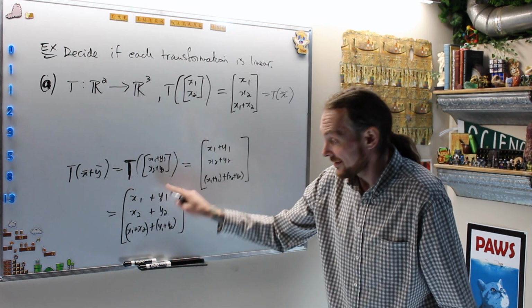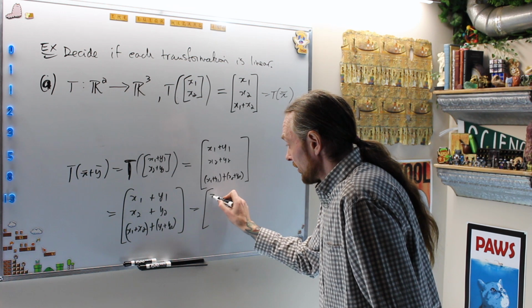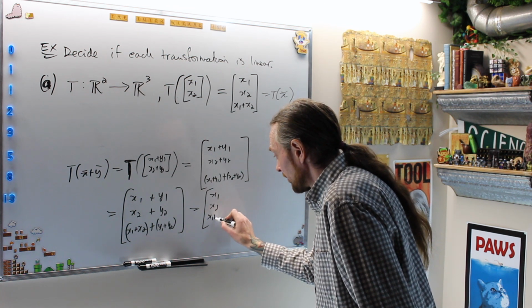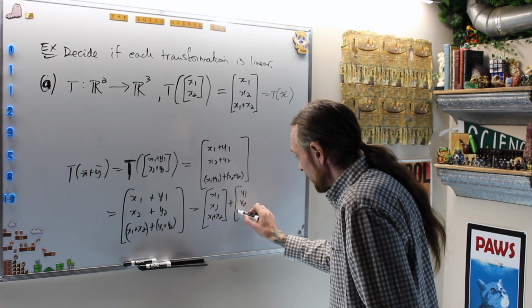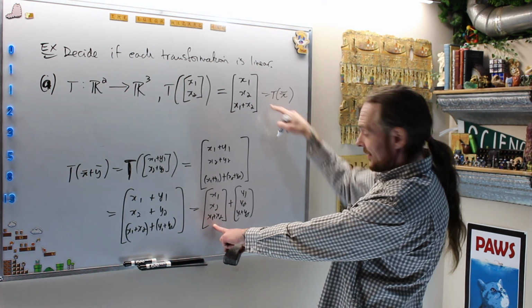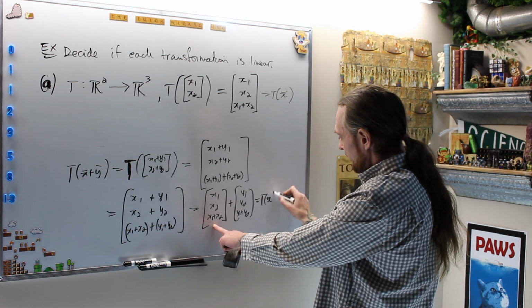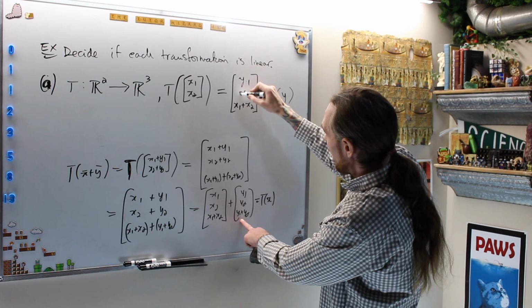Now can you see that that's the sum of two vectors in reverse? Yes. Plus y1, y2, y1 plus y2. And who's this? T of x. And who's this? T of y.